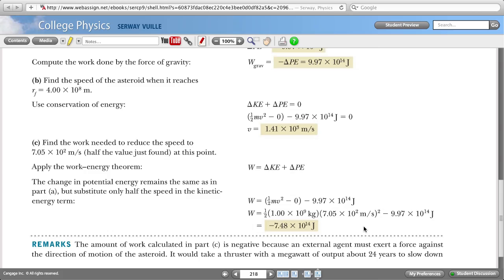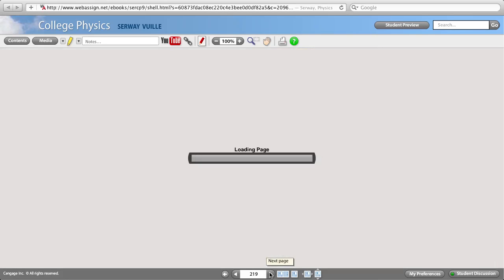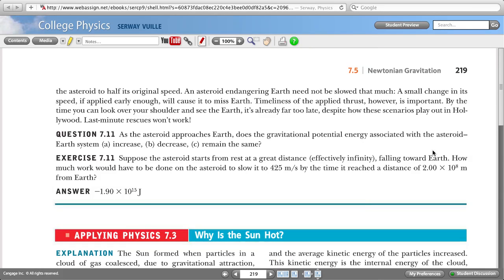And then you get negative 7.48 times 10 to the 14 joules. Turns out it takes just a little bit more energy to get it going a lot faster, twice as fast. Okay. We've overcome some kind of energy hump in the energy road there.